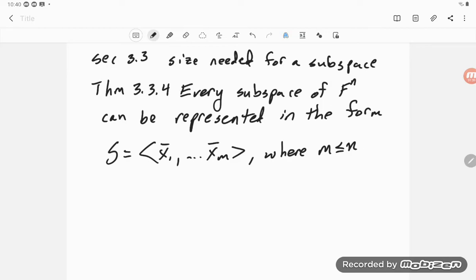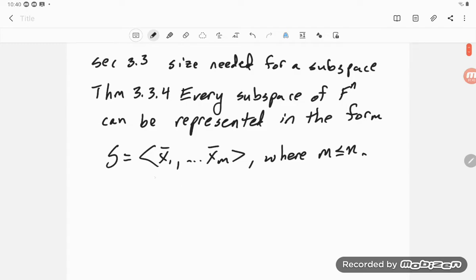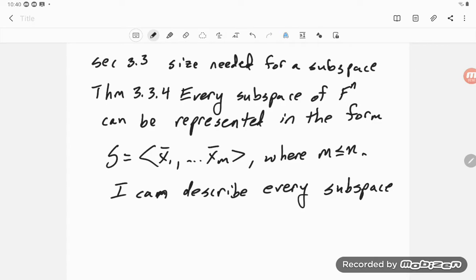So what this is saying is I can describe every subspace in, say, Rn with no more than n vectors.